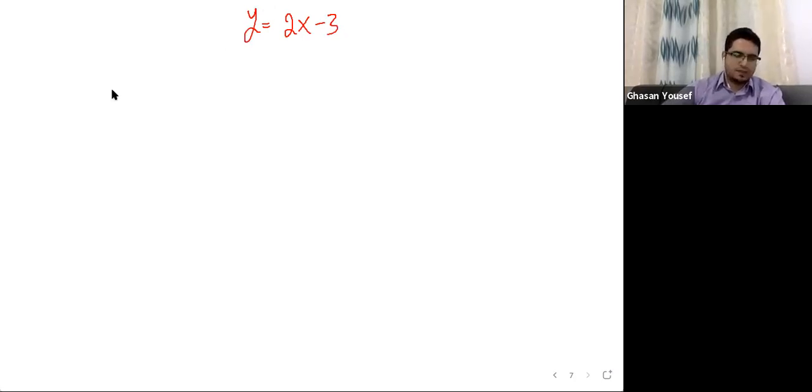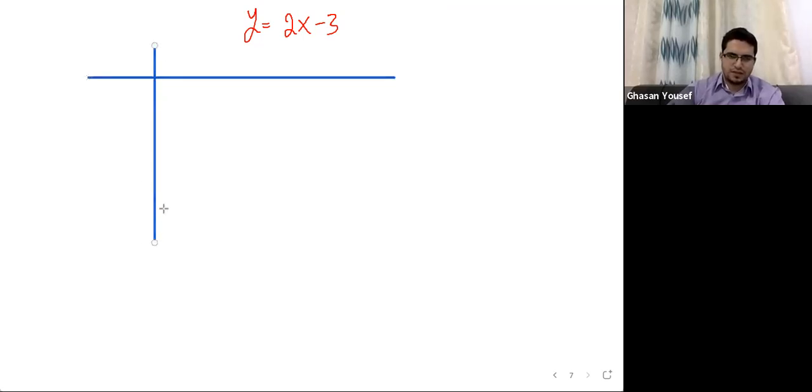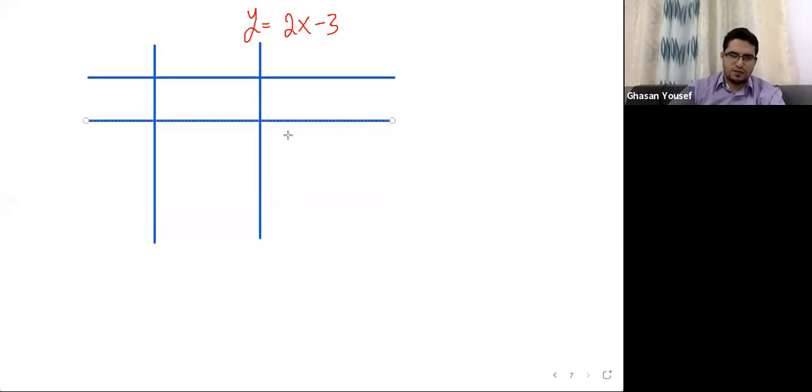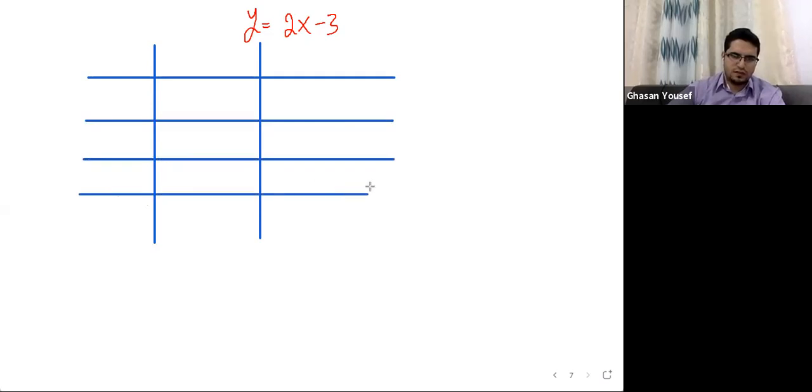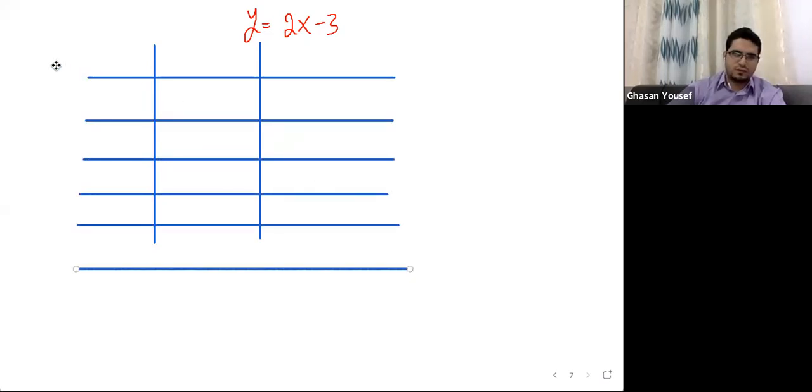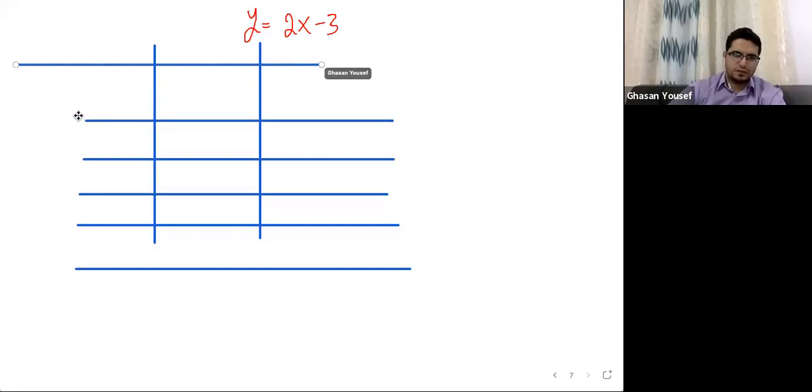So the table has random x values, and at the same time I have the answer for each x value after I plug the x value inside the equation y equals 2x minus 3. So now we have to take 5 random points: 1, 2, 3.